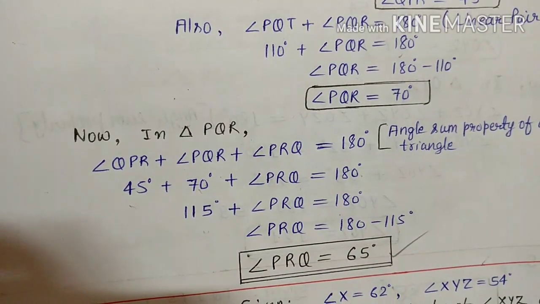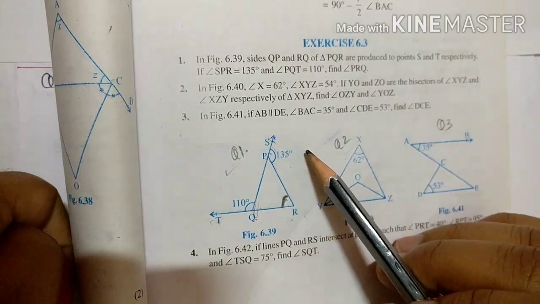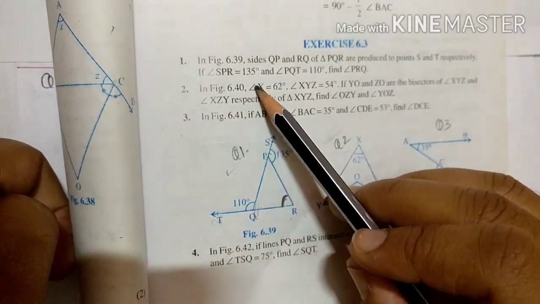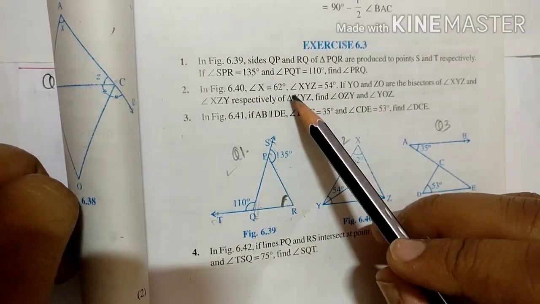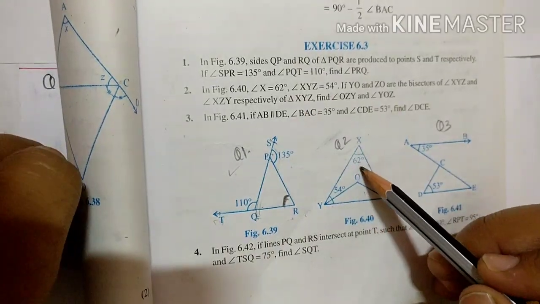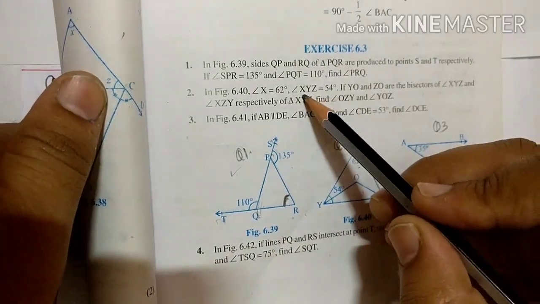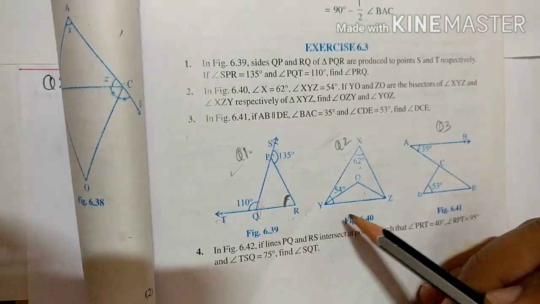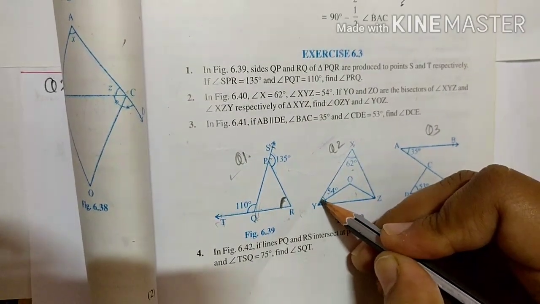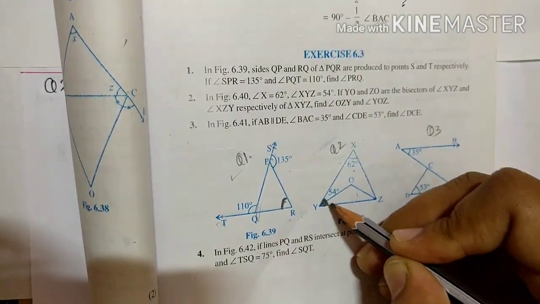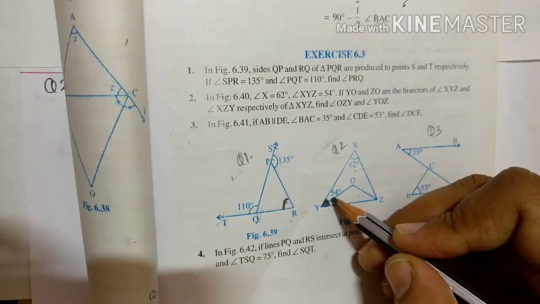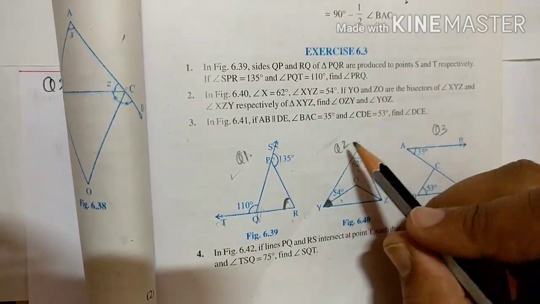Okay, now move to the next question. So question number 2 says that in figure 6.40, this figure, angle X, 62 degrees is given, and angle XYZ, this full angle, how much is given? 54 degrees, this full angle. Okay, full angle, not half, full angle 54 degrees.